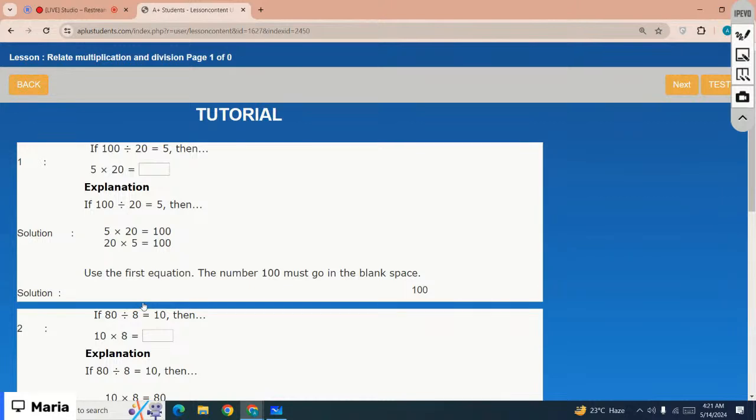Then that means if you multiply 5 times 20, that equals 100, because multiplication and division are exactly opposite to each other, right? So 20 times 5 is 100. Let's just start with the test questions.